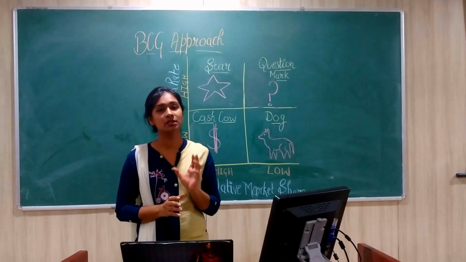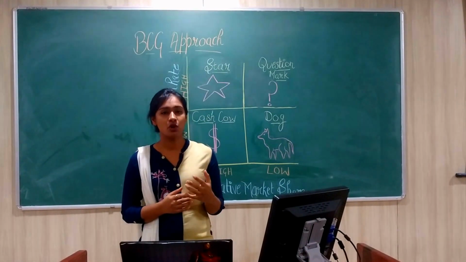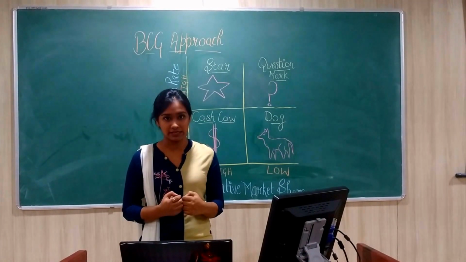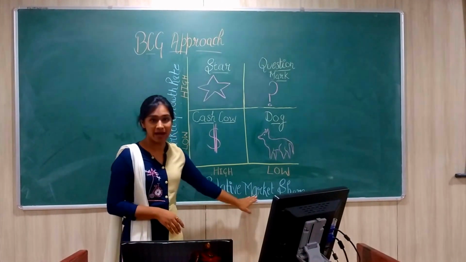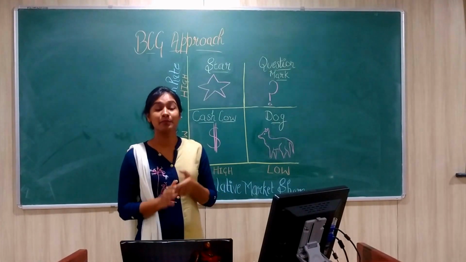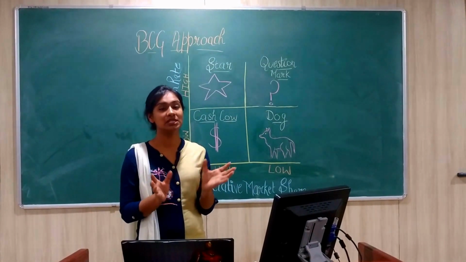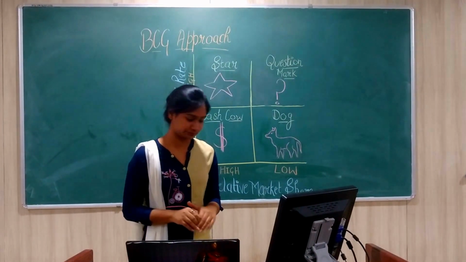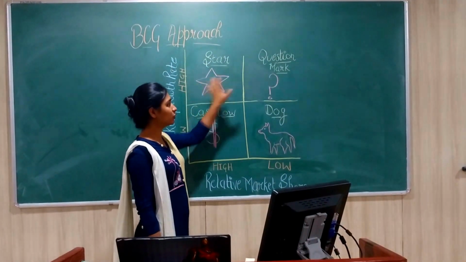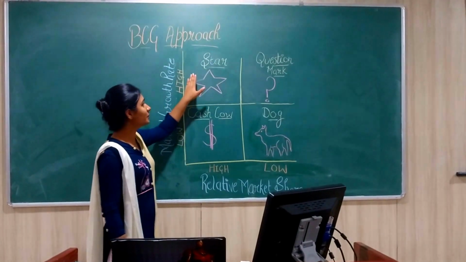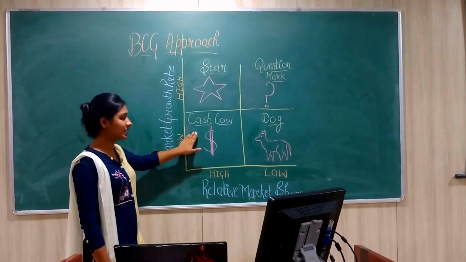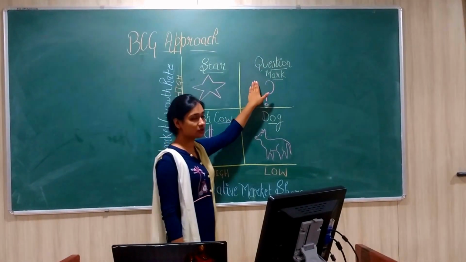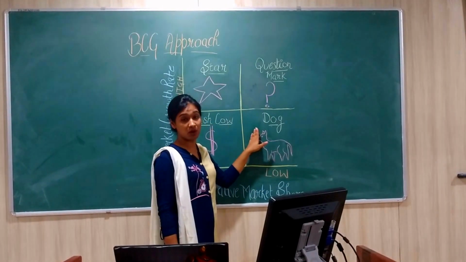Relative market growth is the measure of market attractiveness, and relative market share is the company's strength. This matrix is divided into 4 quadrants. The first one is star, the second is the cash cow, the third is question mark, and the fourth is dog.